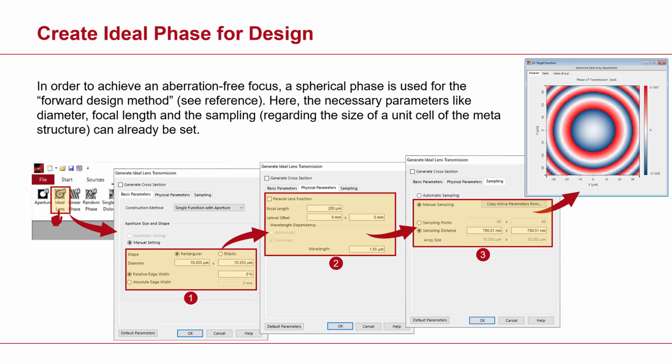We generate that ideal lens transmission function. We fix the aperture, the focal length, the wavelength, and the sampling distance. That is the pixelation characteristics. And from that we obtain that phase distribution, that phase response that we need to realize with our meta lens.